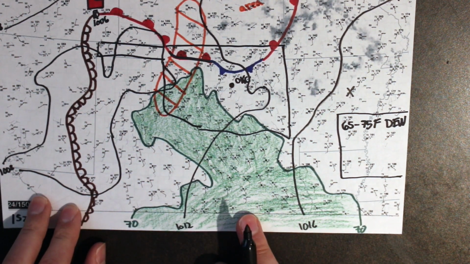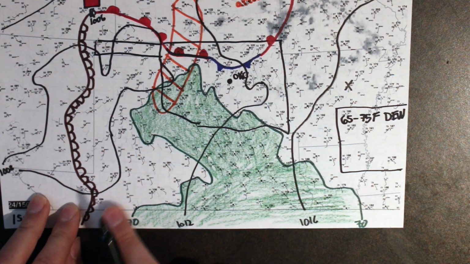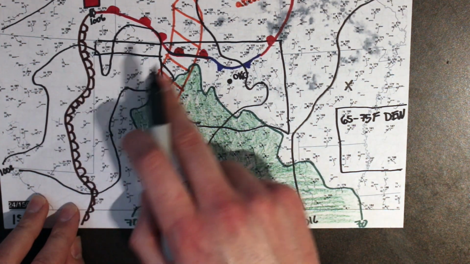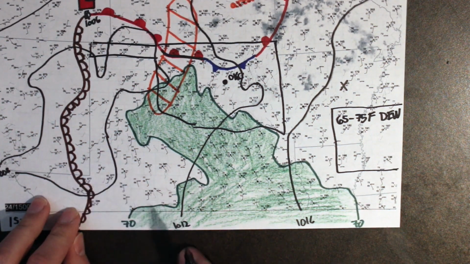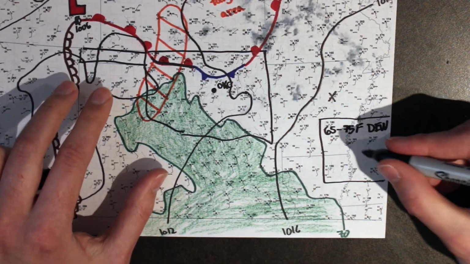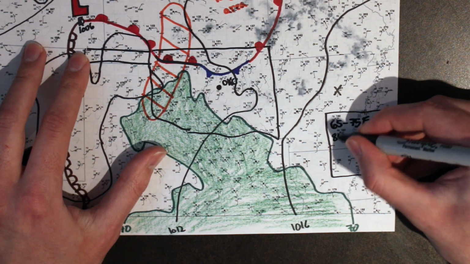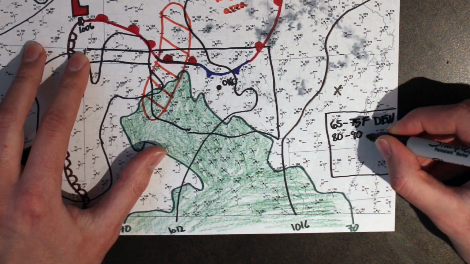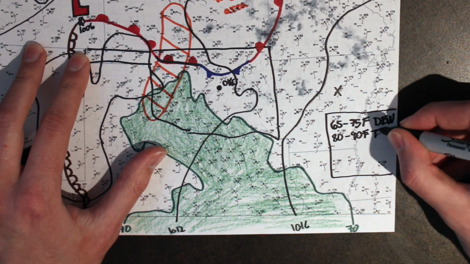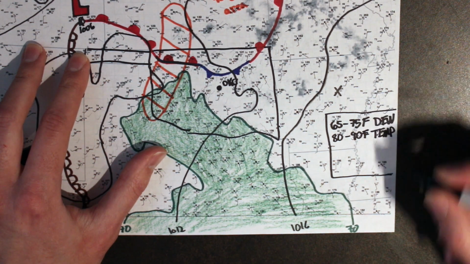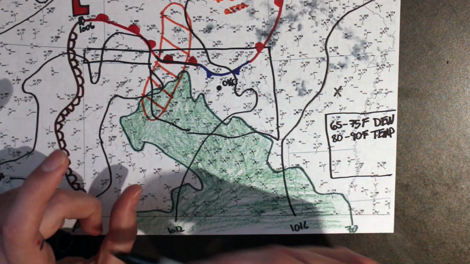If there's a few 75s in there, I didn't even do them, and then you might do the 65 outline. We're going to do the 65 in the next map. And then for your temperature, you're looking at anything in the 80s and 90s is what you want to look at here.